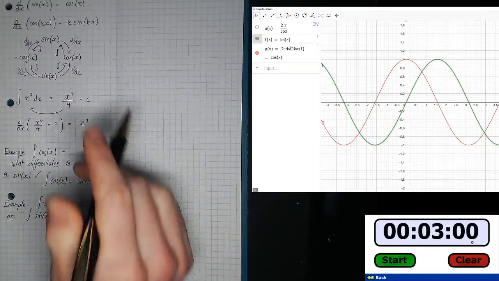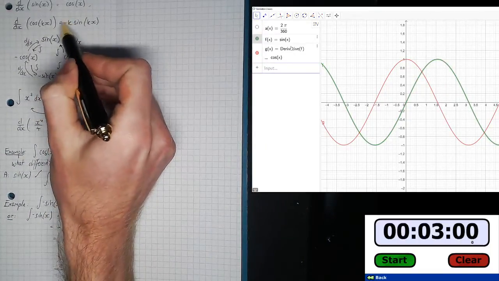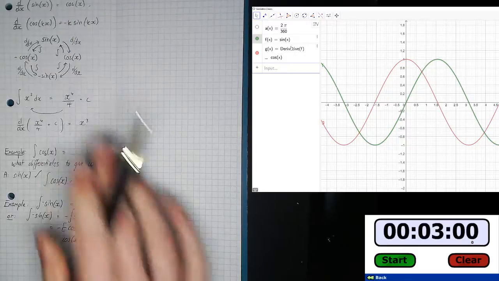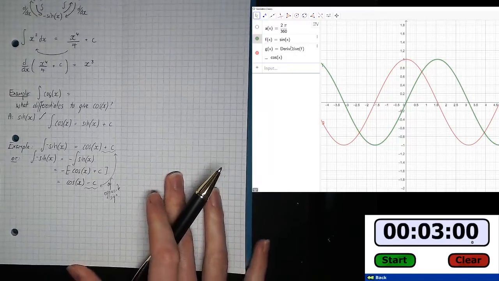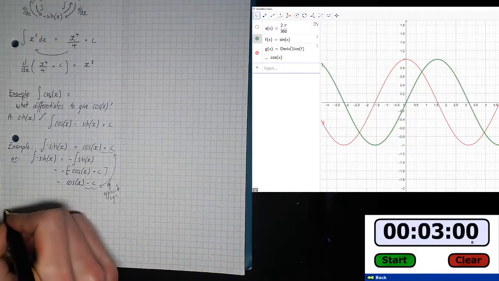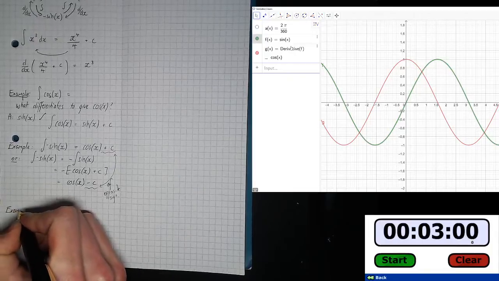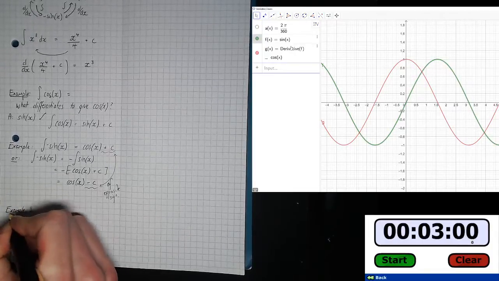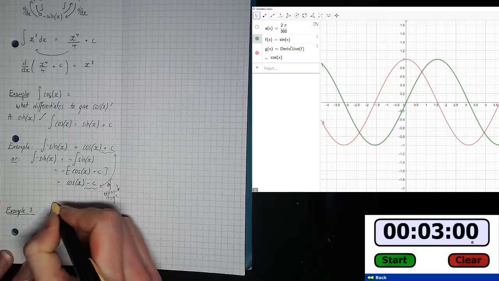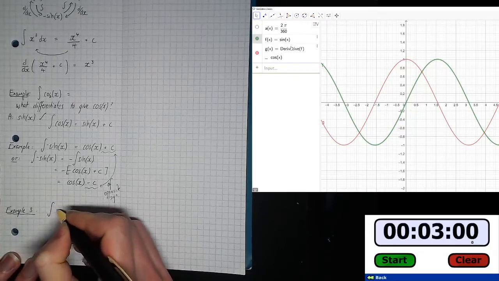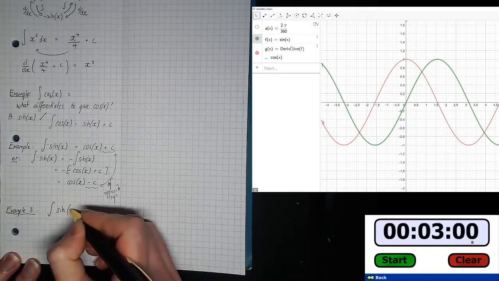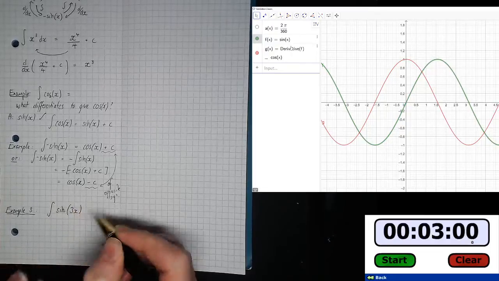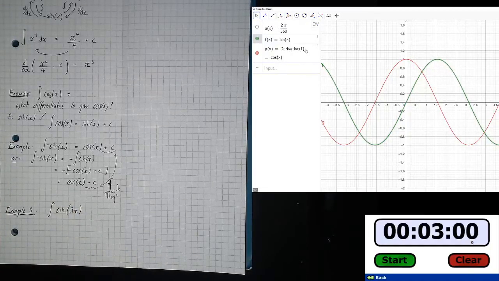We need to think carefully about this number. So let's have our third little example. I want to integrate sine 3x.